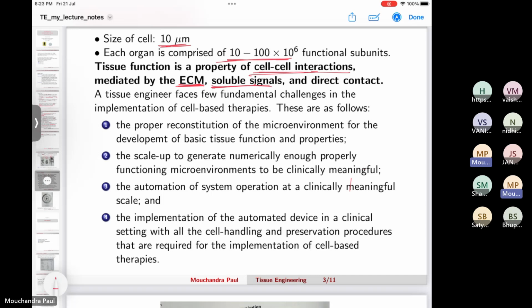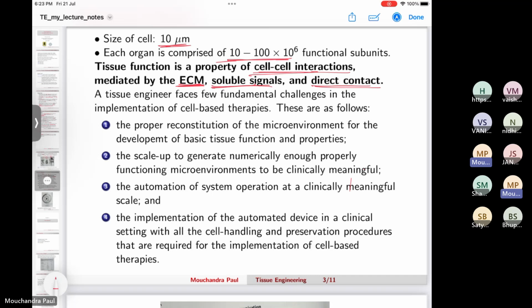So they also help in cell-cell communication, and also the cells themselves, when they are in direct contact with each other through some membrane-bound receptors, can communicate. So when cells communicate, then only, when you look at a broader perspective, will you be able to get the tissue function.